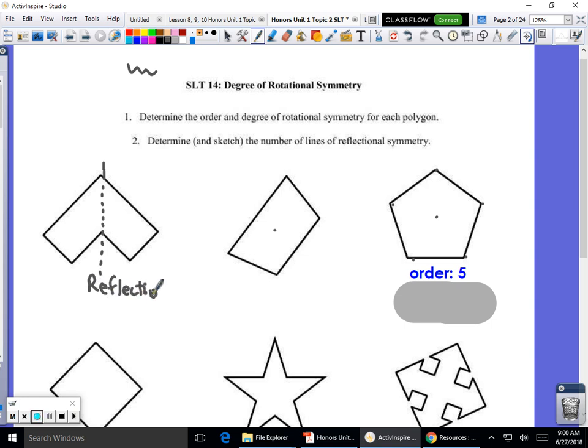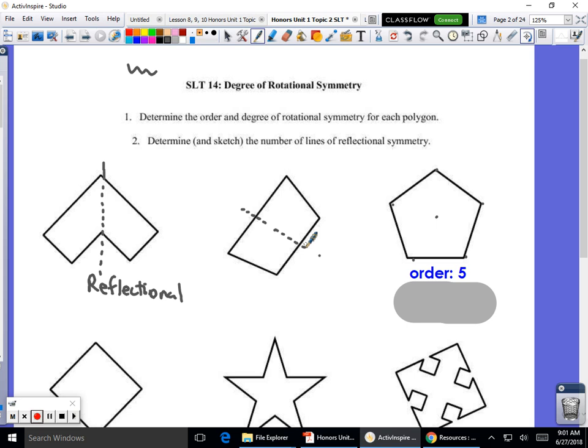Over here, I can't rotate this and match up, but I could fold it. So where could I fold it? I could fold it here. If I tried to go diagonal like this, that's too long, it wouldn't quite work. So I think that's it. Okay, so those are both reflectional symmetry.